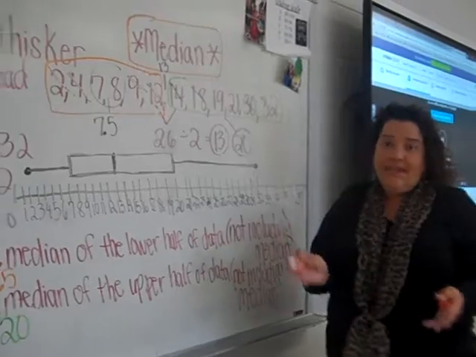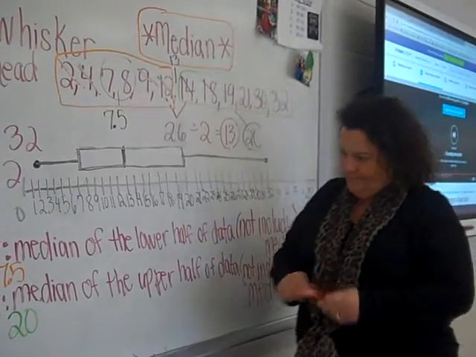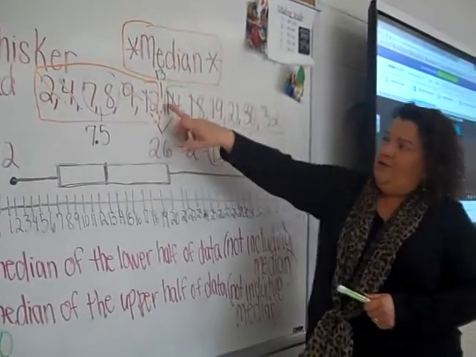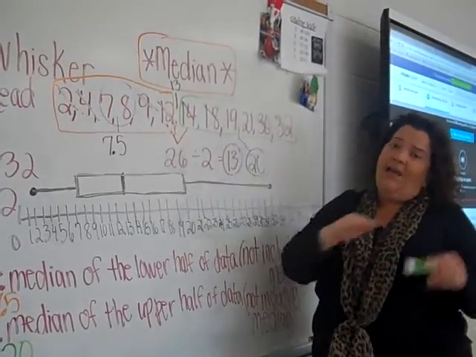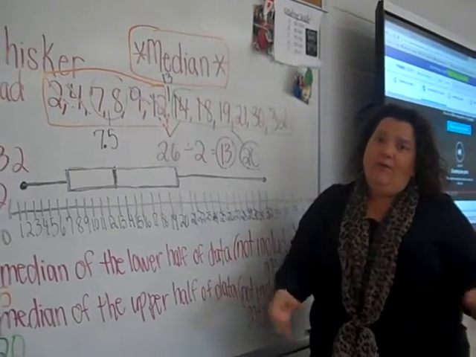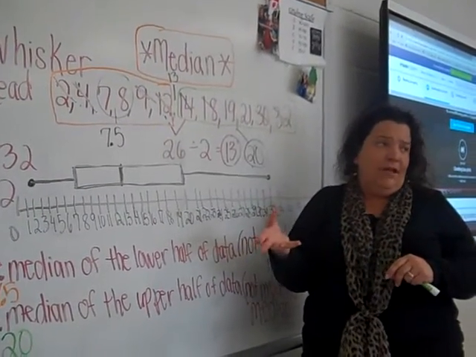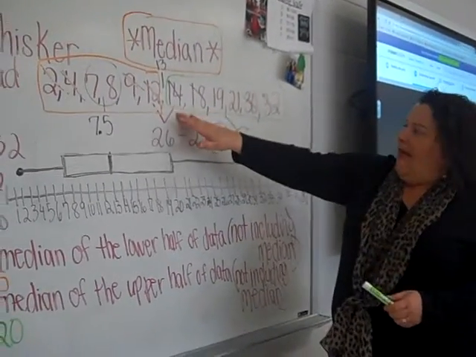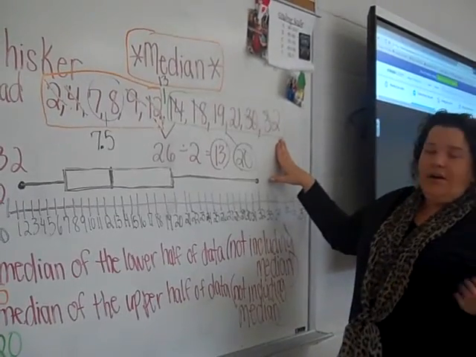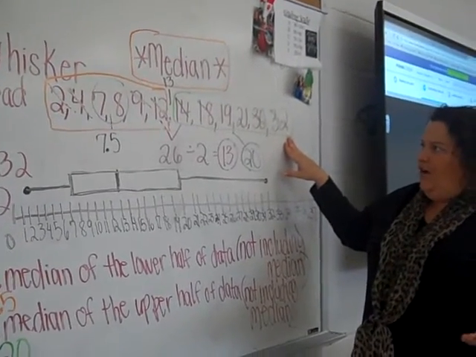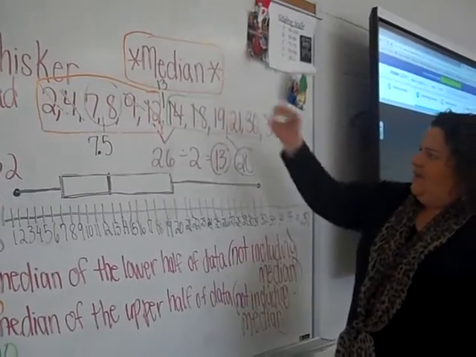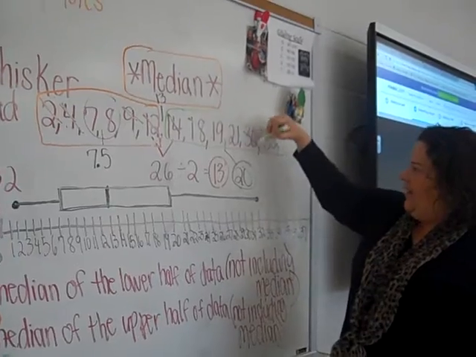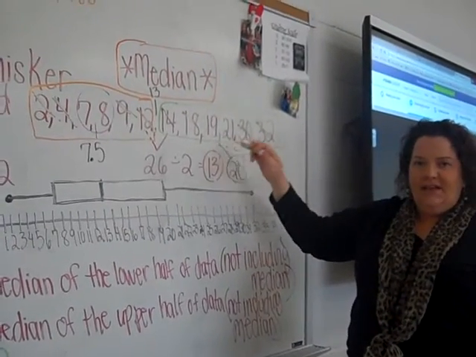Then we're going to do the same thing with the upper quartile. Remember, we're not including our original median, the 13, when it comes time to find the upper quartile median and the lower quartile. So I boxed the entire upper quartile of our data, and I started slashing 14, 32, 18, 30, and then there were 2 medians again.